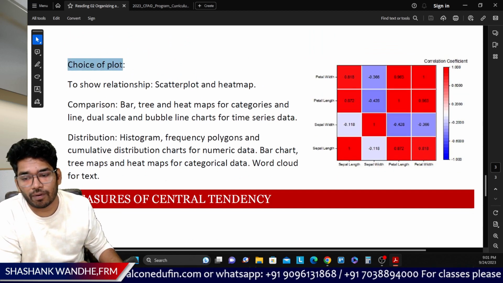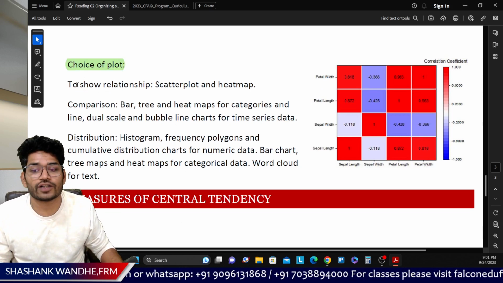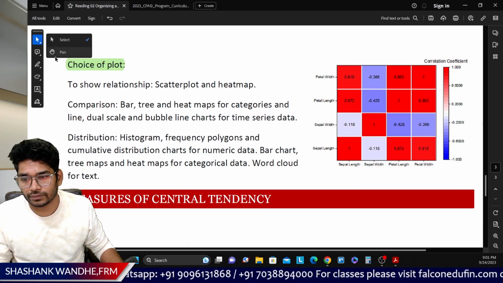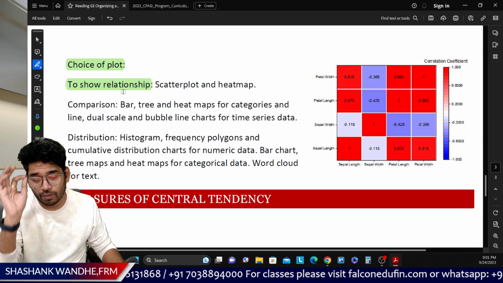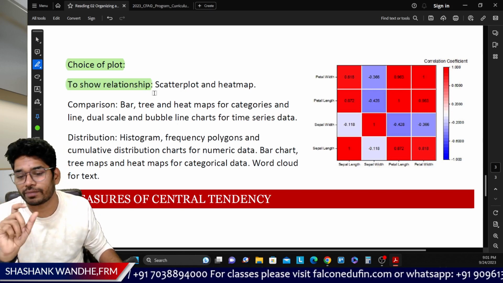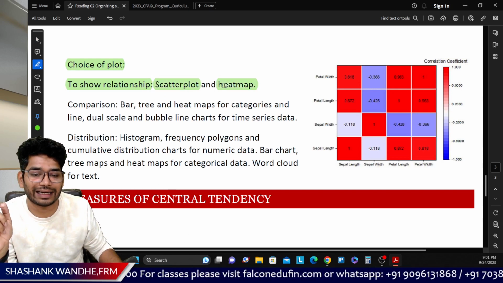Now this is a very important part for your exam: choice of plot. If you want to show the relationship between two variables, and you must remember this, then you have the options of scatter plot and heat map.